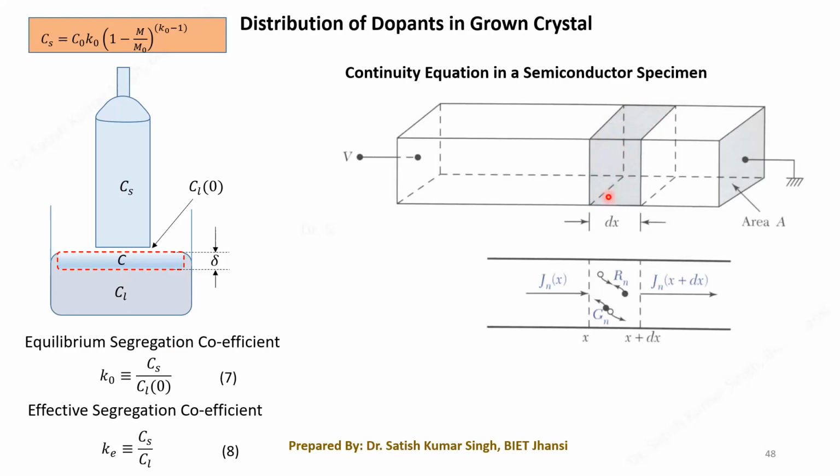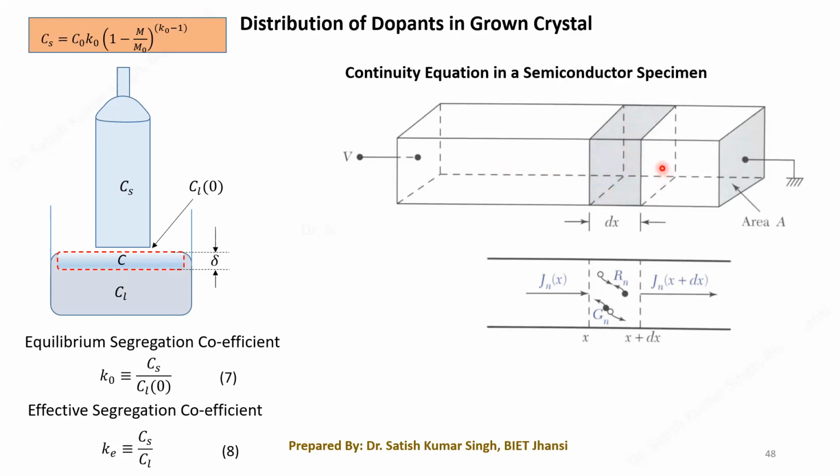So basically, we are considering the total processes that may increase or decrease the number of electrons or holes within this volume. Due to inflow, there will be a net increase of the charge carriers within this volume.